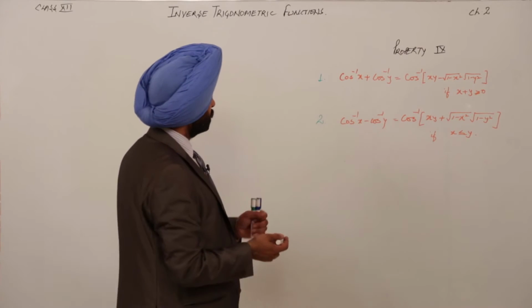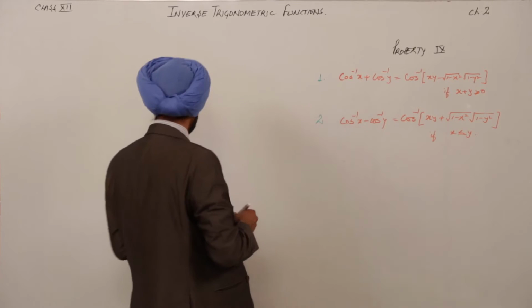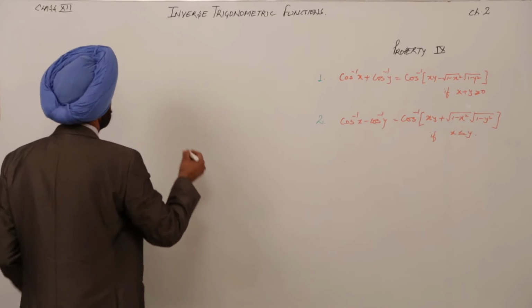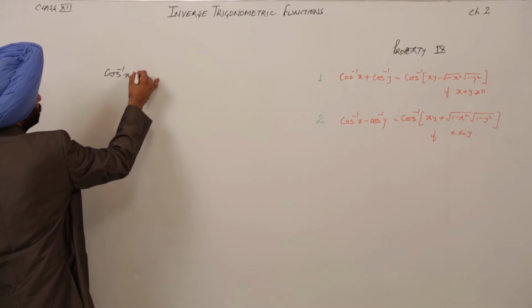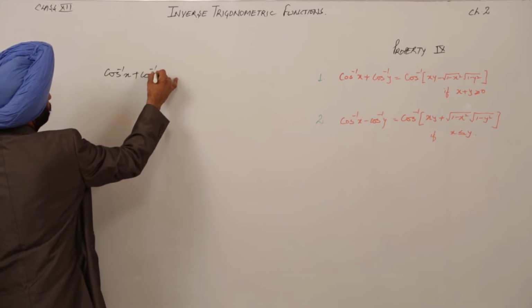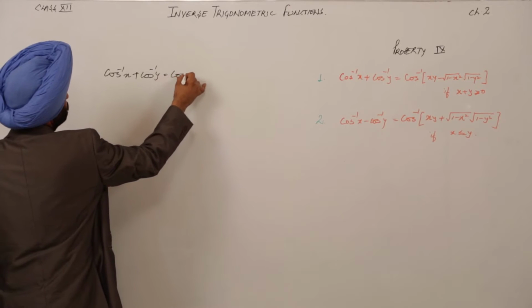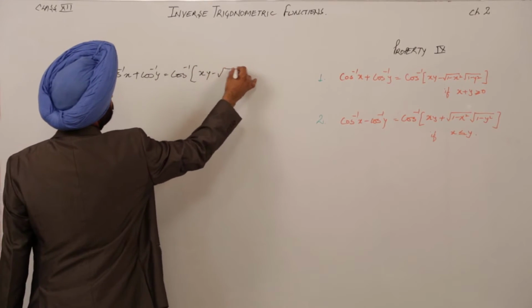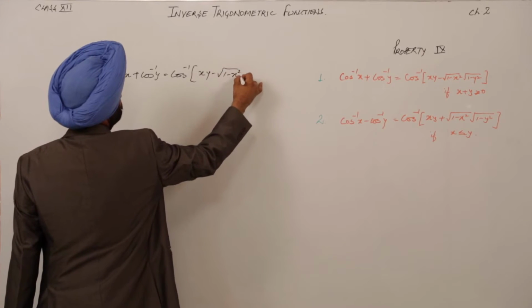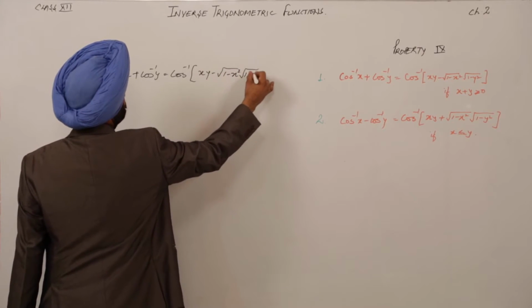Okay. So now let's prove the first part. Now it is cos inverse x plus cos inverse y is equal to cos inverse of xy minus square root of 1 minus x square and 1 minus y square.